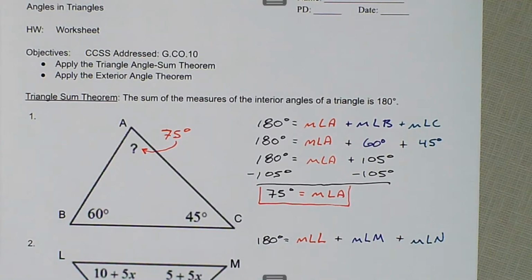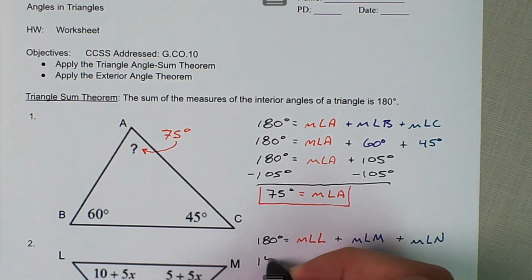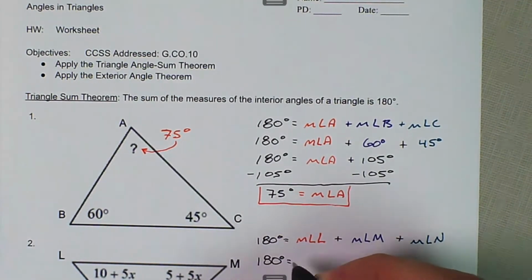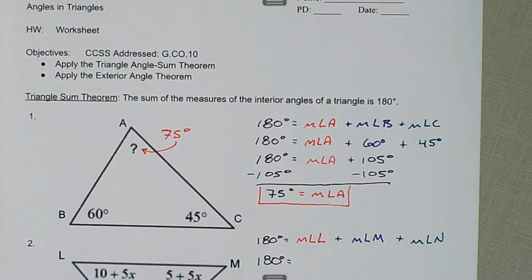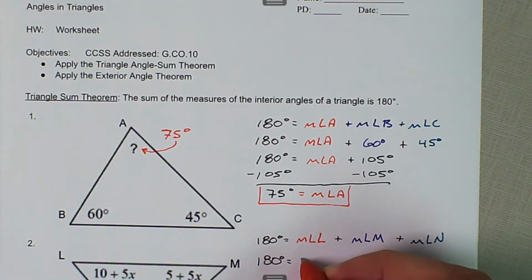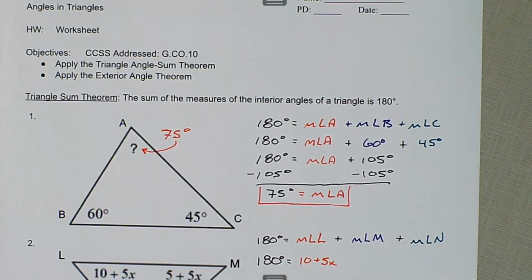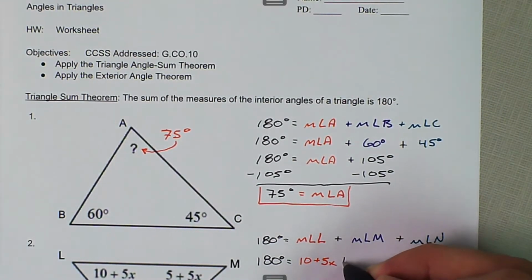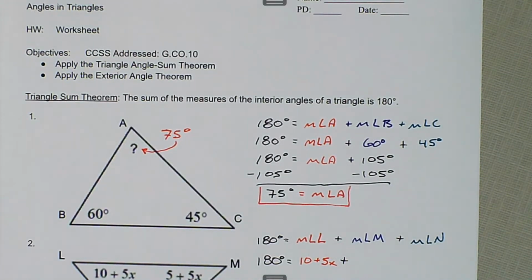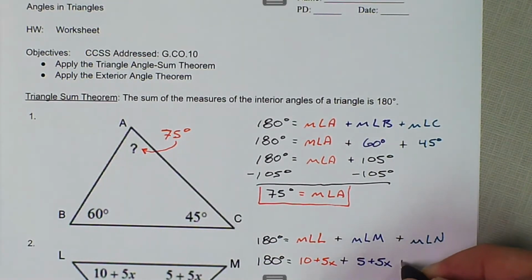And then we can substitute in the values that we know. So the measure of angle L is 10 plus 5x. The measure of angle M is 5 plus 5x. And the measure of angle N is 85.